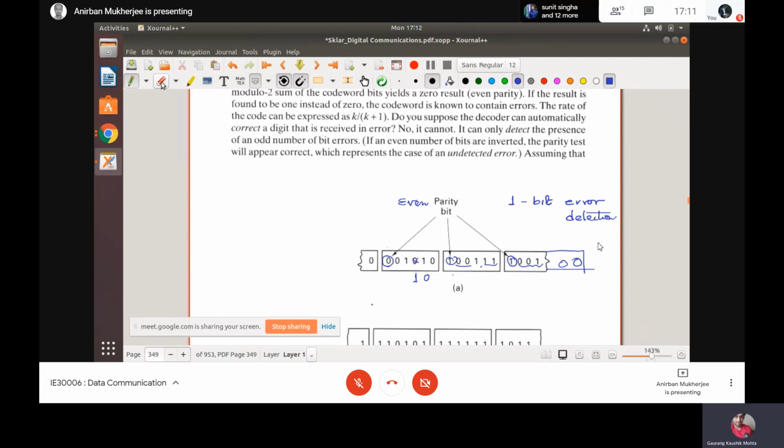Now, similarly, say if I do here, say both 1s have become 0, 2 bits. Then what happened? You are getting only 1 at the receiver.